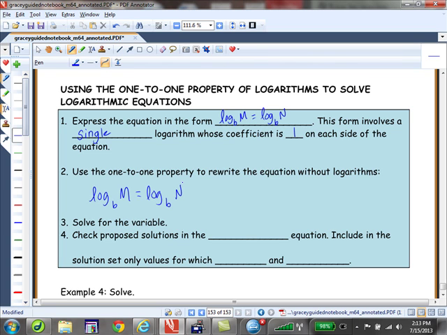So if you have this case, then m equals n. So you use all your mad equation solving skills to solve for the variable, and then again check proposed solutions in the original equation. You need to have only values for which both m and n are greater than 0.